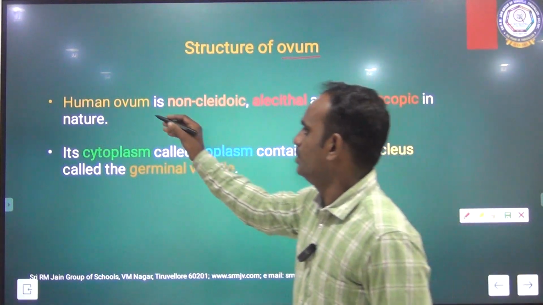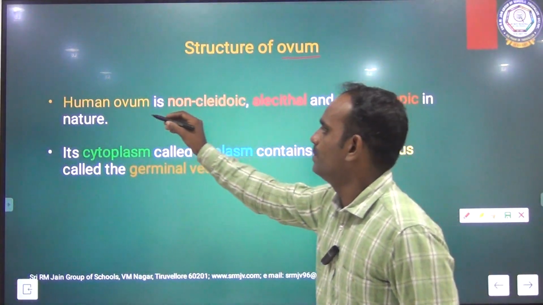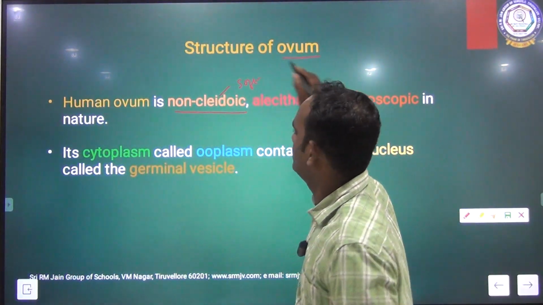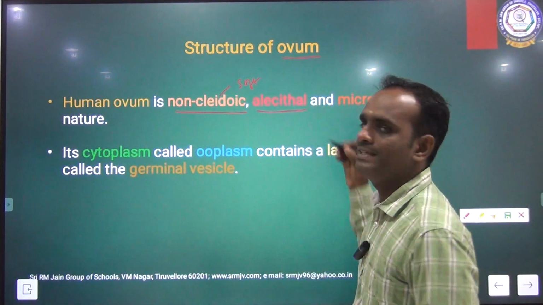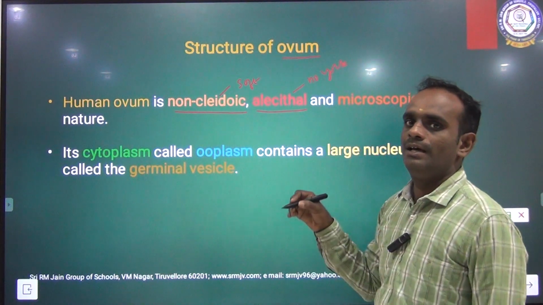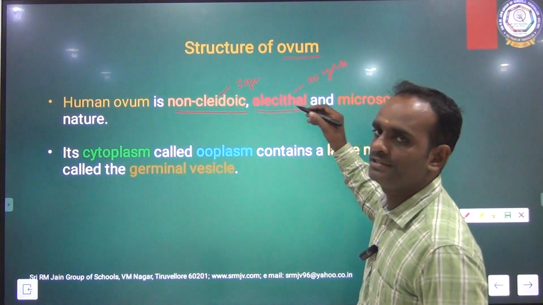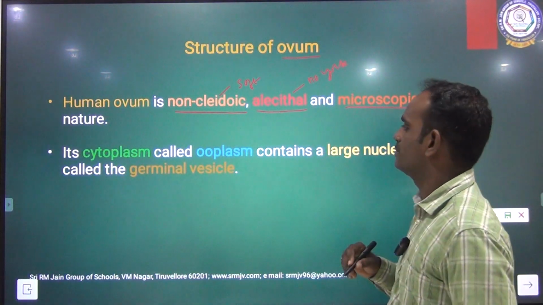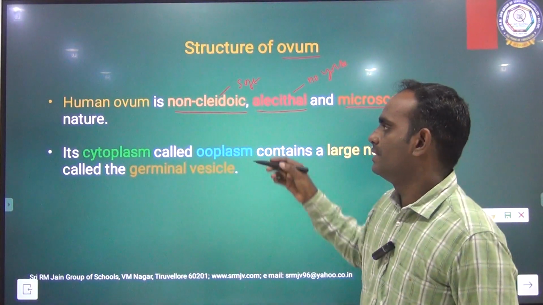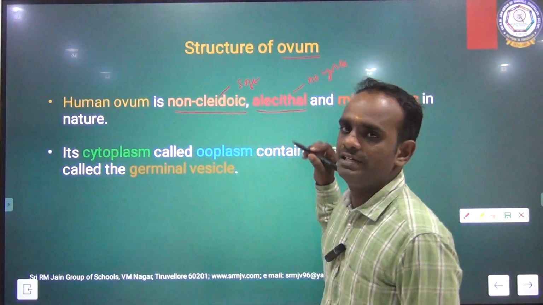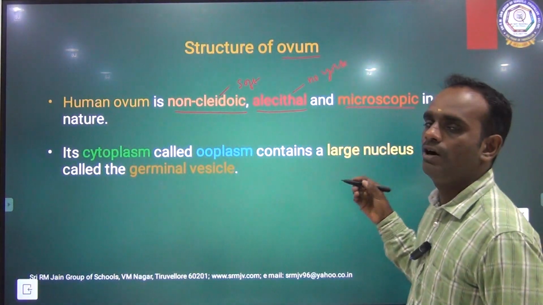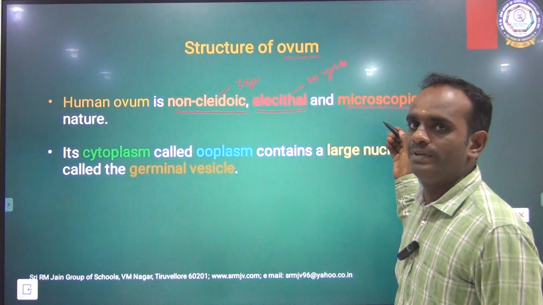The human ovum is non-cleidoic, meaning somewhat soft, the shells are very soft, and alecithal. Alecithal means no yolk is present in the egg, and it is also microscopic in nature.